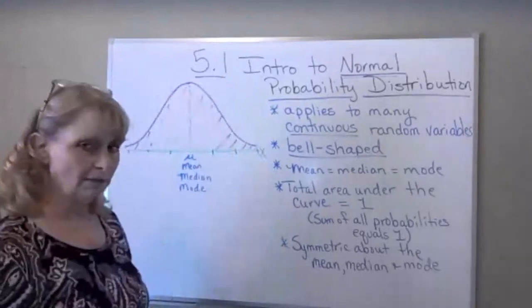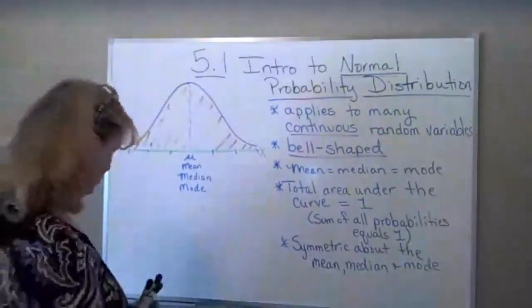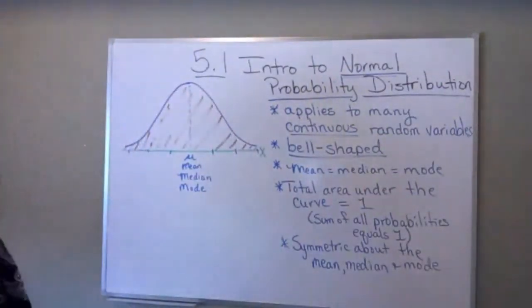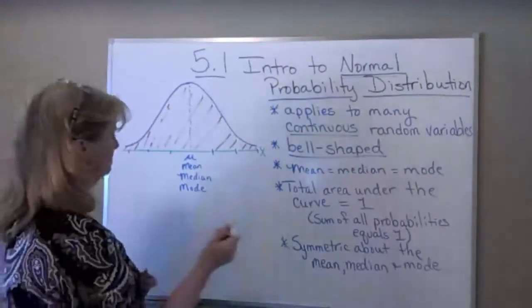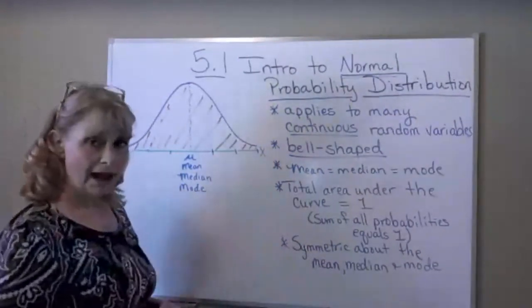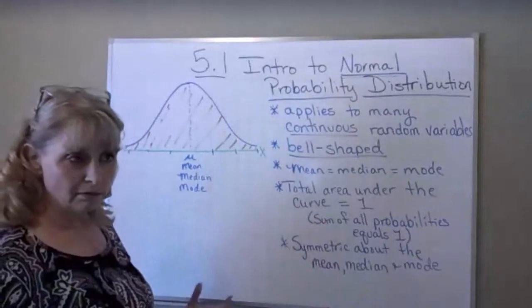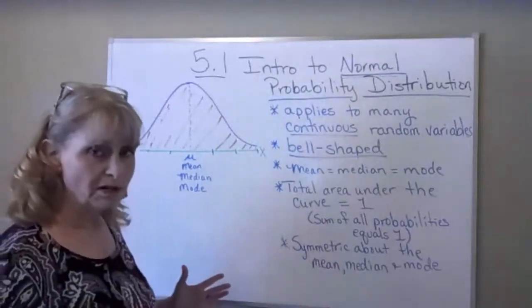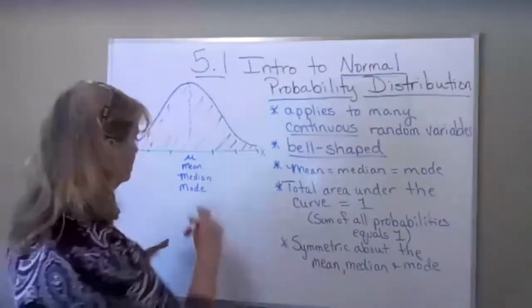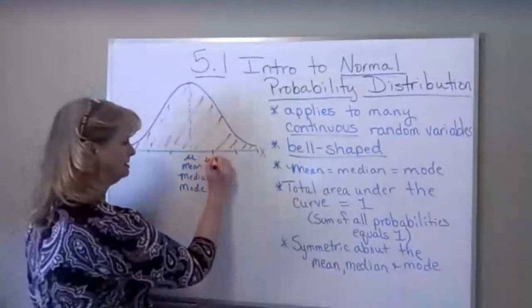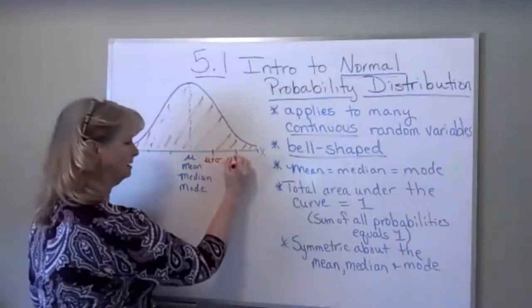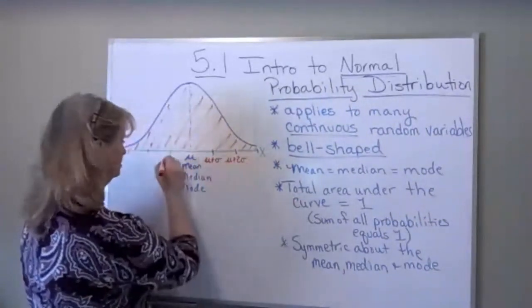Now let's talk a little bit about things being unusual. Okay, so if you remember back, we talked about this with the empirical rule before. Remember, this was the mean plus the standard deviation. This is the mean plus 2 standard deviations.